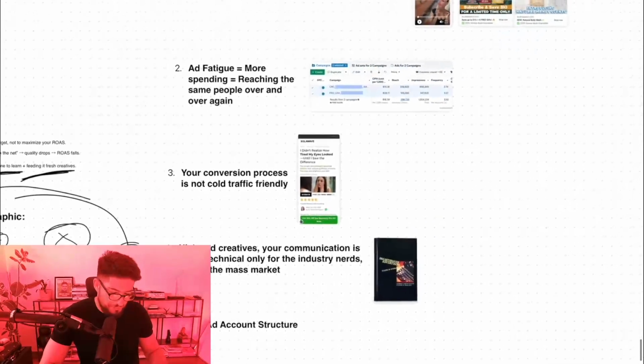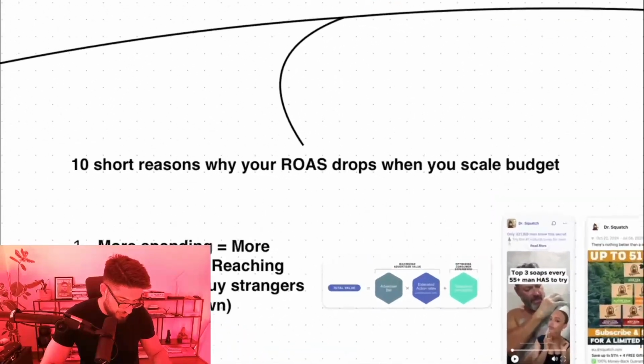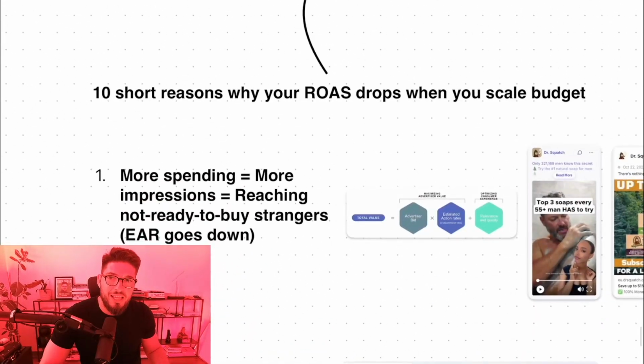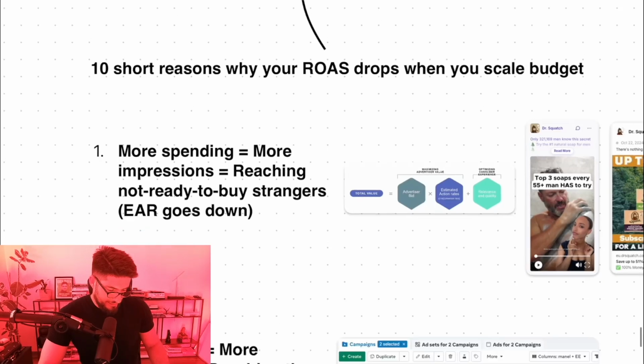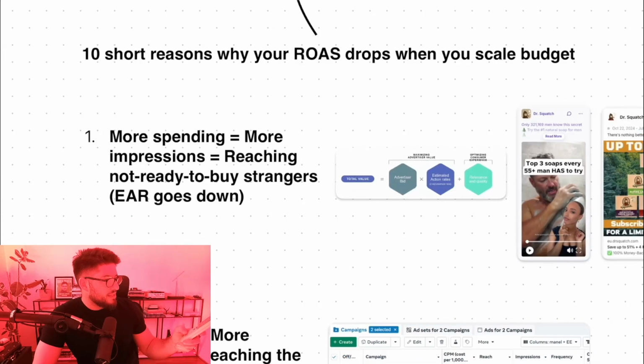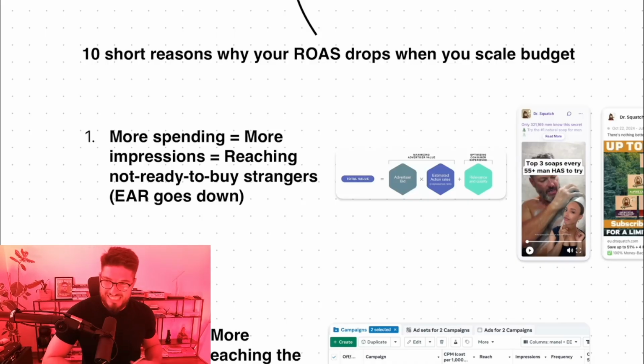Let's keep on going. So, 10 short reasons why your ROAS drops when you scale budget. Let me turn on the AC, because with this red light, it's getting heated. So more spending equals more impressions. So you start reaching not-ready-to-buy strangers. Estimated action rate goes down.